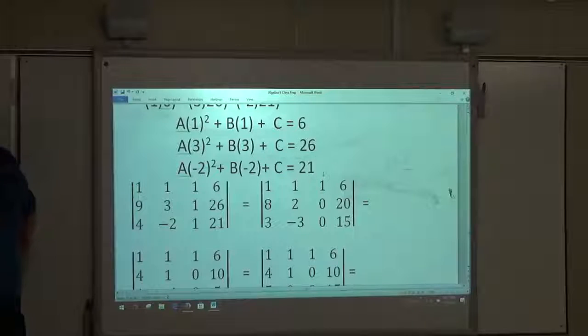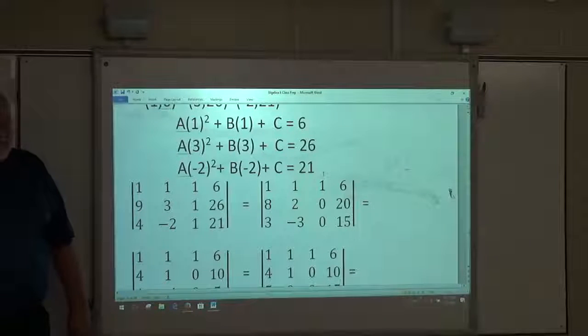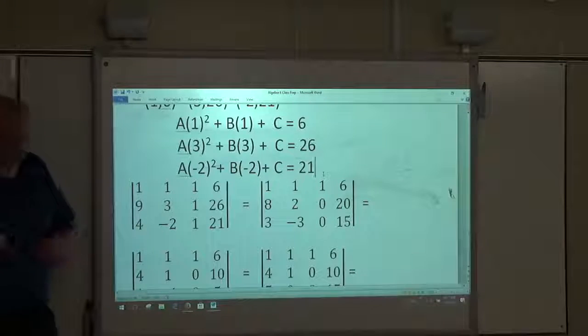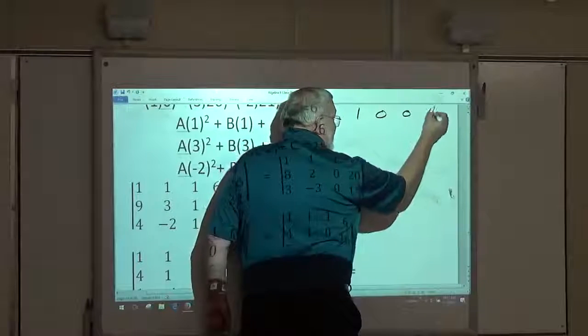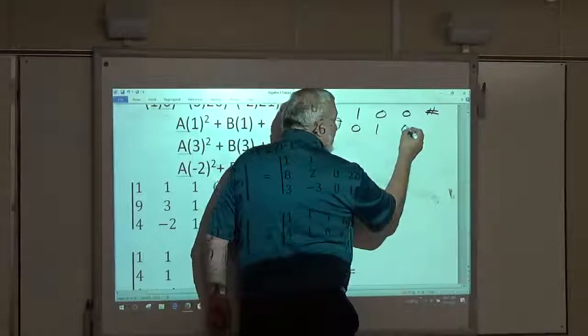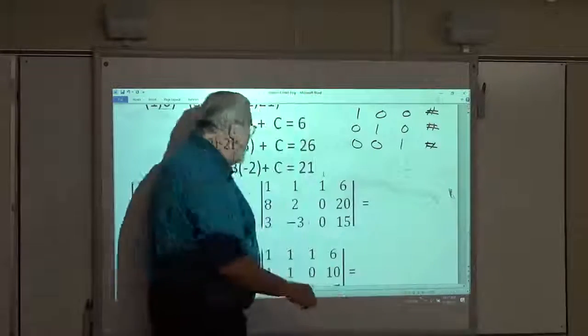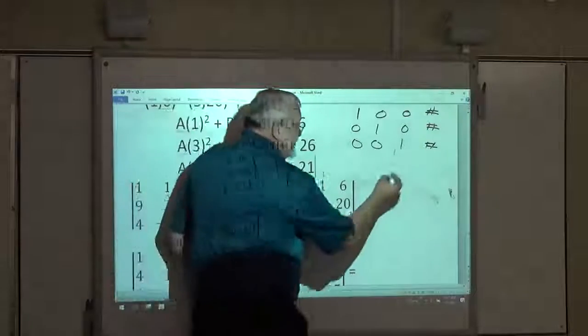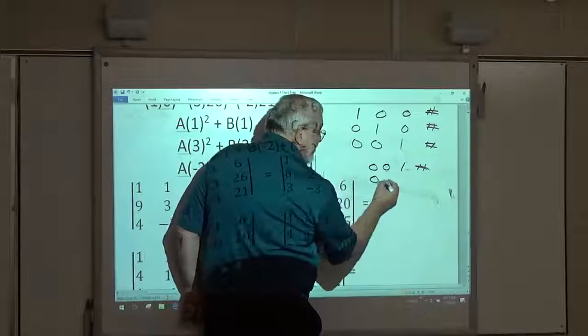And now I'm going to use those skills that we've already just done. All right, now, what's nice about this? You will always have 1, 1, and 1 for C. Fantastic. So, instead of having the identity matrix look like this, because I can get the answers here, I'm just going to change the identity matrix to look like this.